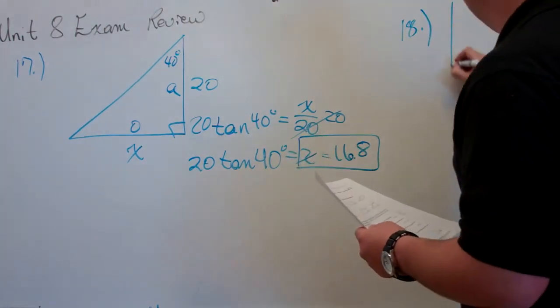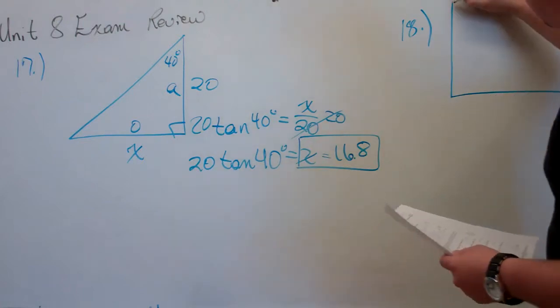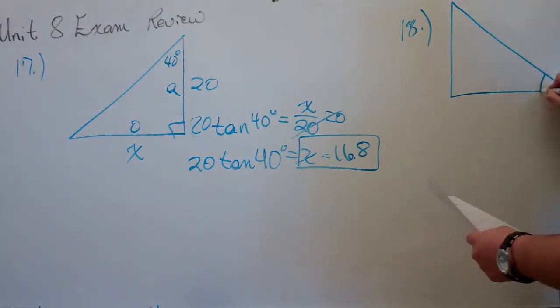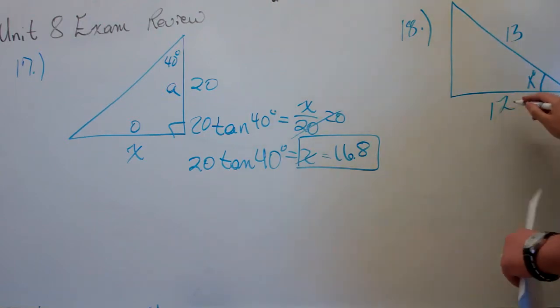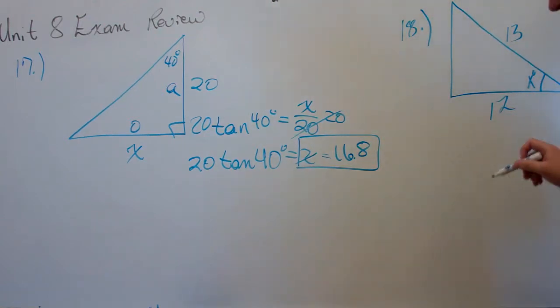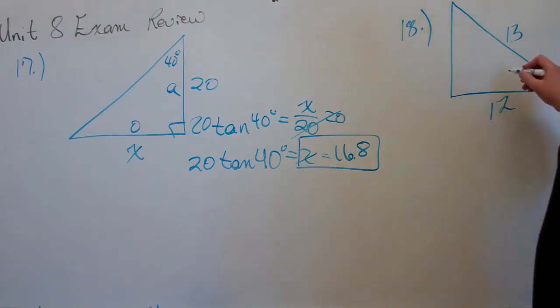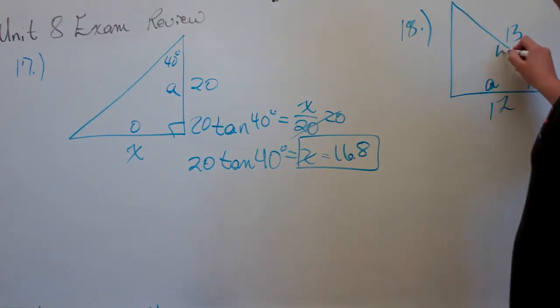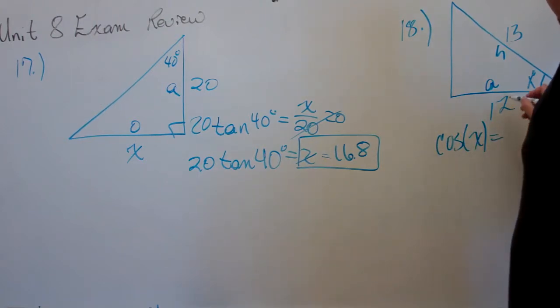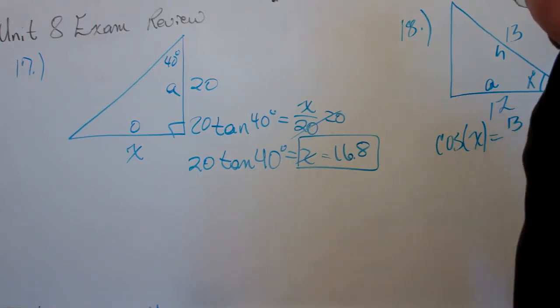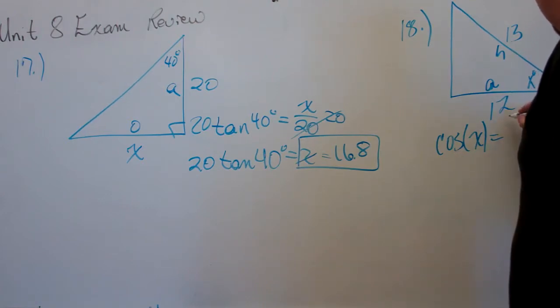For 18, we've got to find the measure of angle x. This here is angle x. We know this is 13 and this is 12. Now, for this we need to round to the nearest degree. So we have adjacent and hypotenuse, so we're going to use cosine of angle x equals adjacent over hypotenuse.